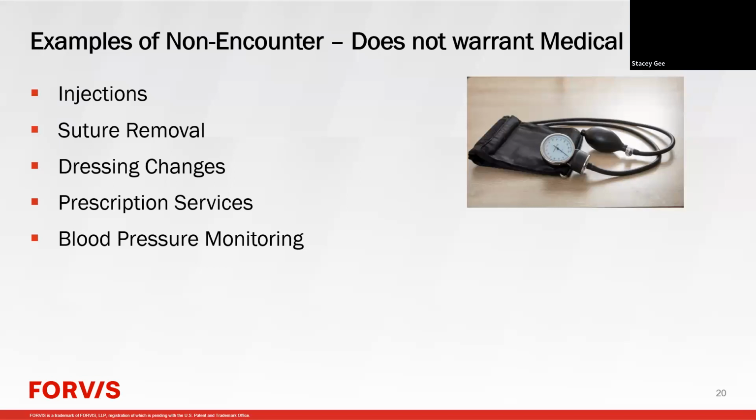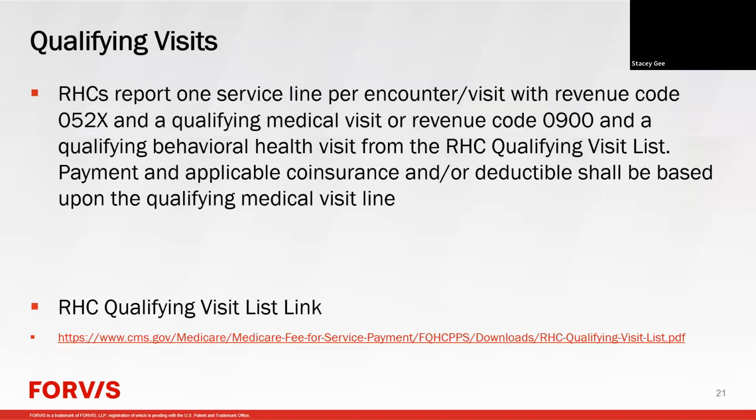Okay, so qualifying visits. RHCs are to report one service line per encounter visit with a revenue code of 0520, a qualifying medical visit, or 0900, which is a qualifying behavioral health visit from the RHC qualifying visit list.